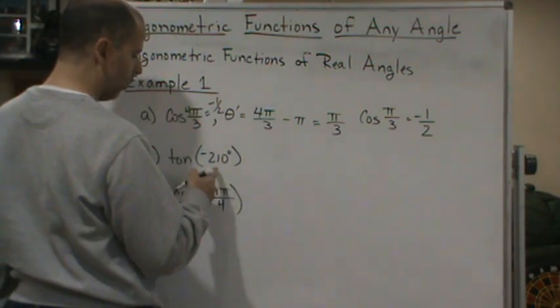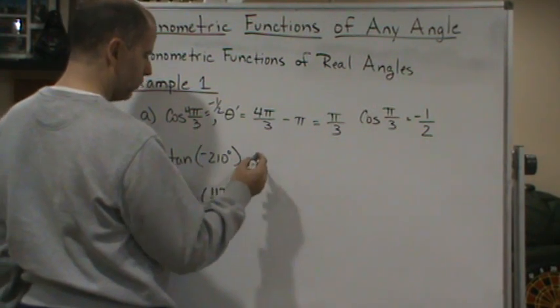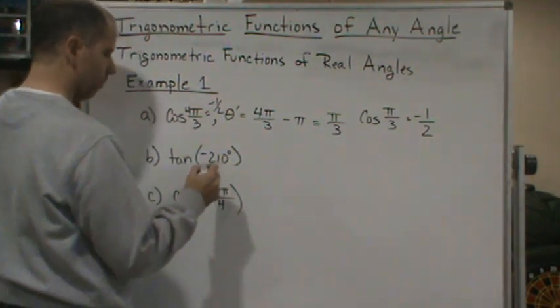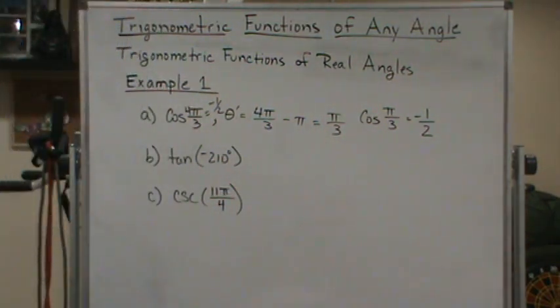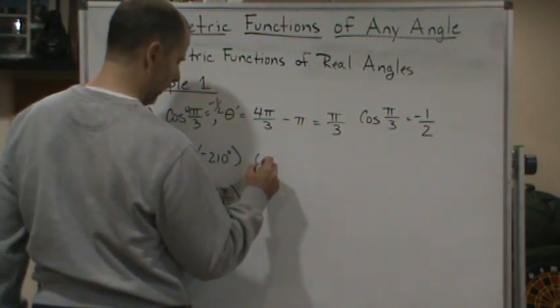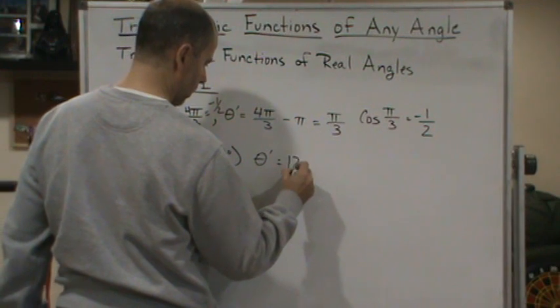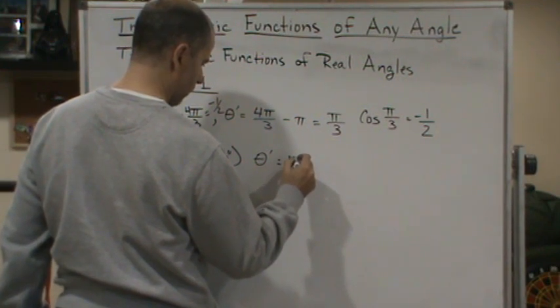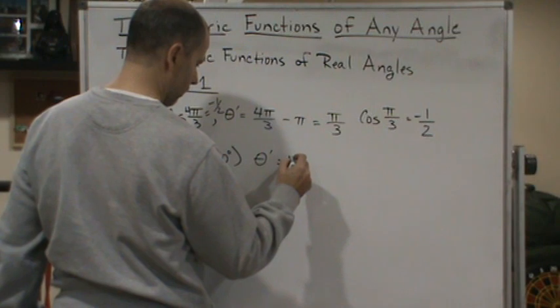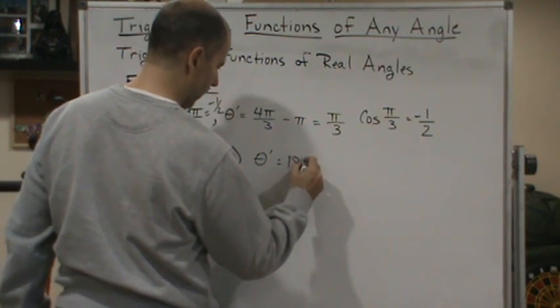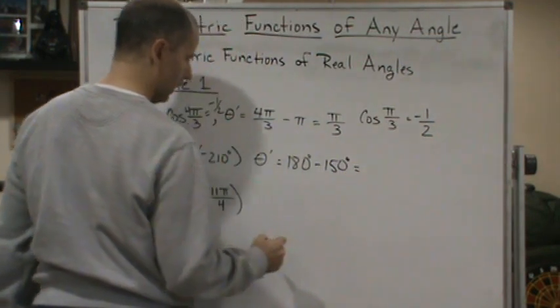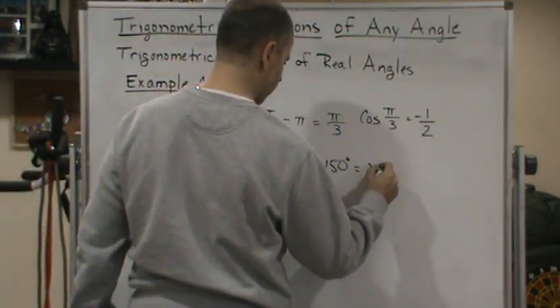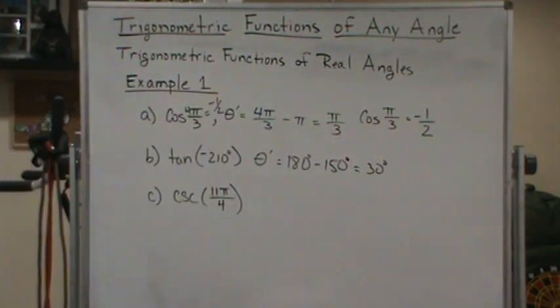So let's do 150. So theta prime, 180 minus 150 degrees equals 30 degrees. So we're dealing with a 30-degree angle.